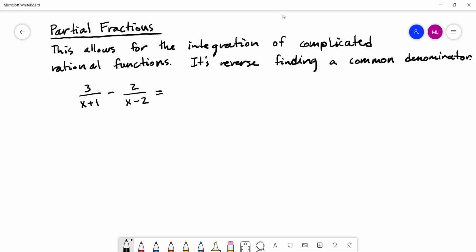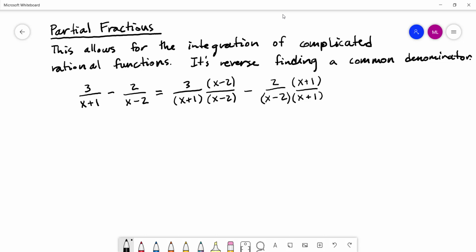So we would write this as 3 over x plus 1 times x minus 2 over x minus 2, and then subtract 2 over x minus 2 times x plus 1 over x plus 1, putting parentheses in all the useful places.